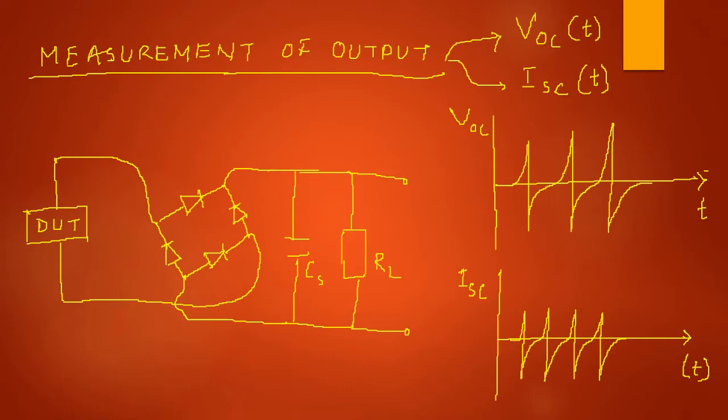Across these two terminals you will measure the voltage, and these two terminals will go to your DSO.